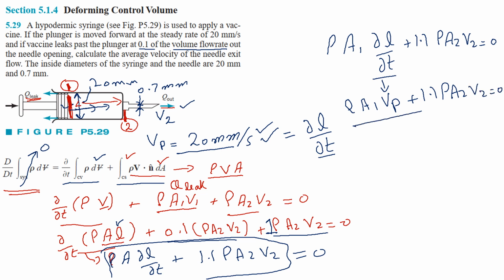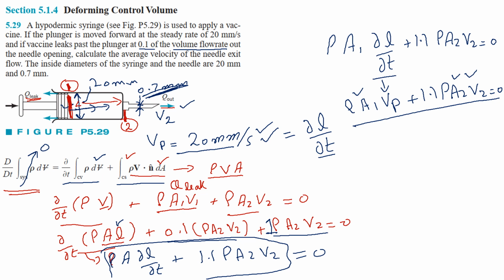So now you have this equation, and what you needed to do was to find V2. You can find A1 by taking the area of this plunger, and A2 is the area of this syringe, so this term, 0.7 mm, will be used to find this area. You know the velocity of the plunger, that is given as 20 millimeter per second.